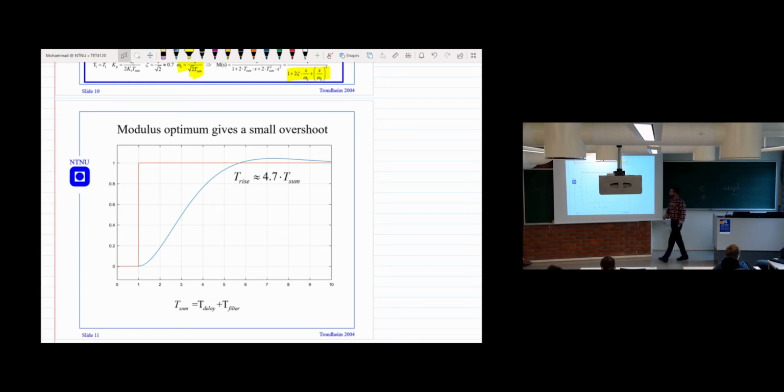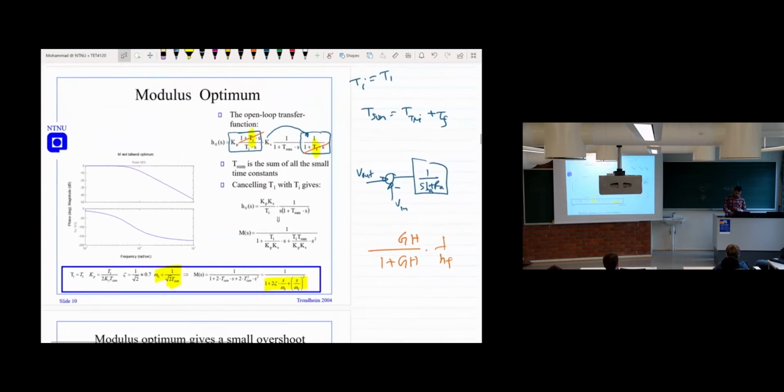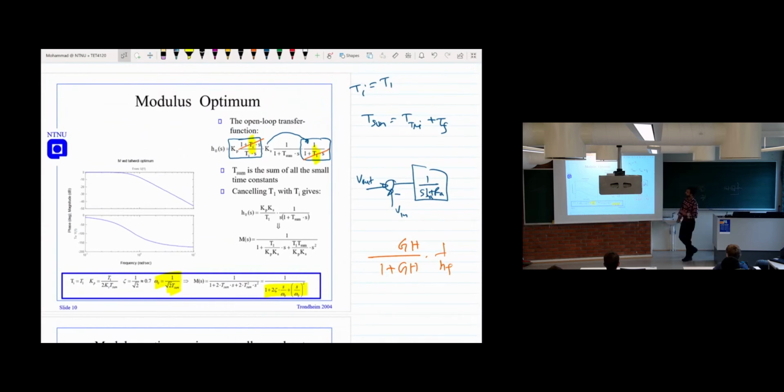So we use the modulus optimum criteria to tune the inner loop controller. One thing to remember when you apply modulus optimum tuning is that the plant transfer function is in this form, 1 over T1 multiplied with S. Once it is in this form, then you can apply the modulus optimum criteria. But what if it's not in this form?